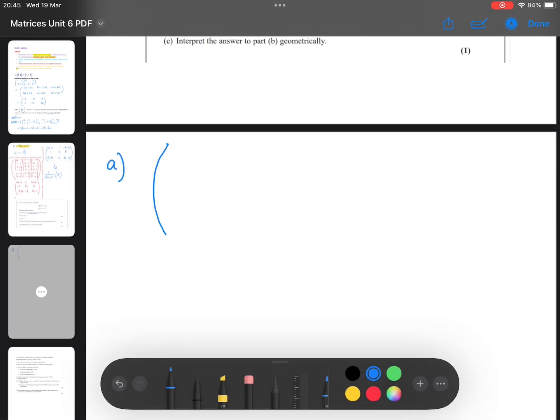So forming our matrix, it's going to be k, 3, minus 1, 3, minus 1, 1, minus 16, minus k, minus k. And since there's no unique solution, the determinant of this will be equal to 0.